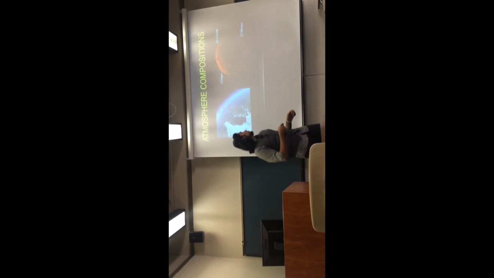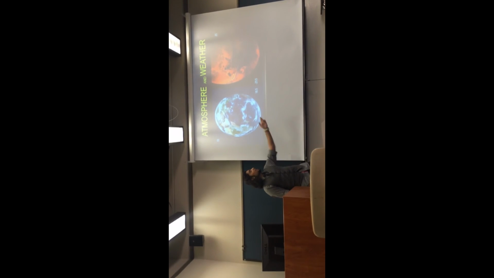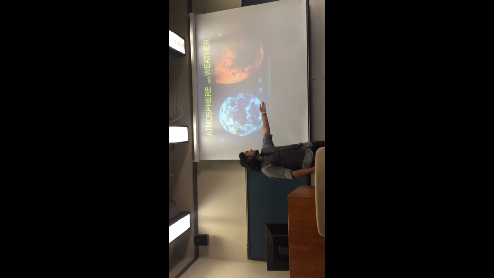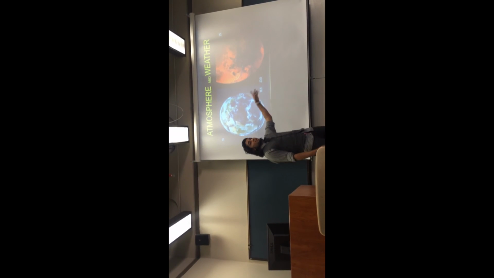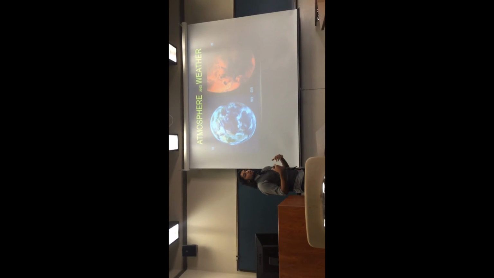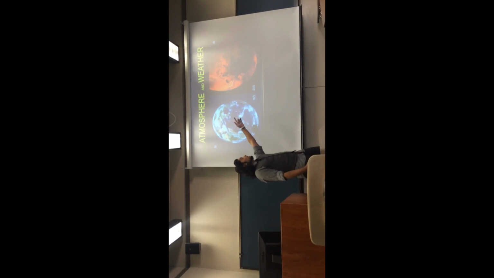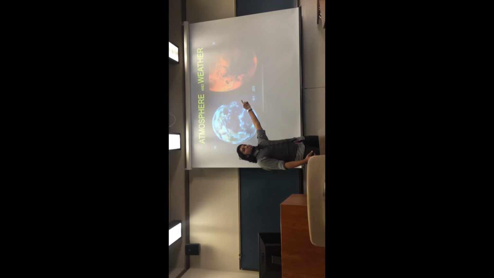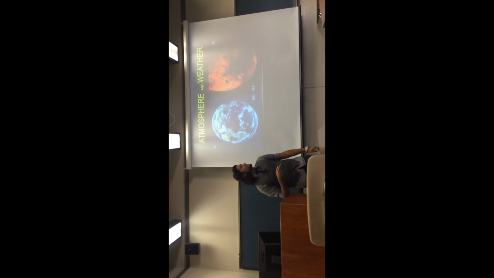Just what I said here: the average on Earth is 16.5, and the average on Mars is minus 23.5. It's colder. That's the average. The maximum here on Earth is 55 in the summer, but on Mars it's only 25 in the summer. So what about the winter? Maybe it will be colder. Okay. Thank you. Very good. Thank you.